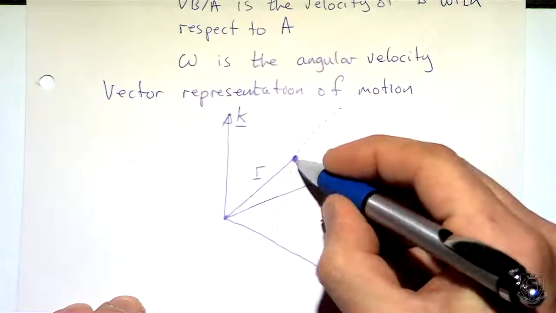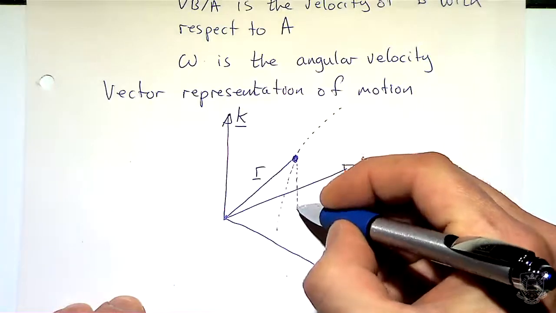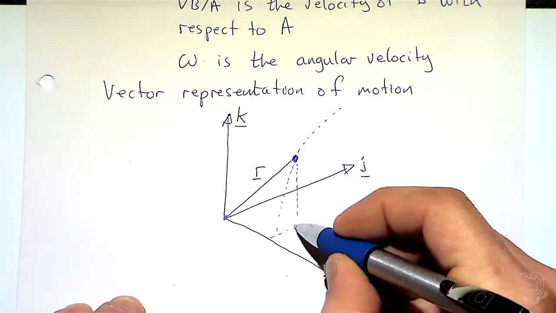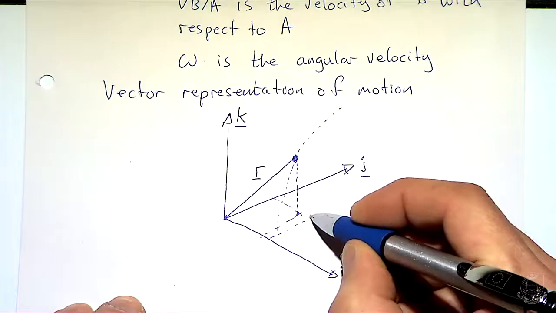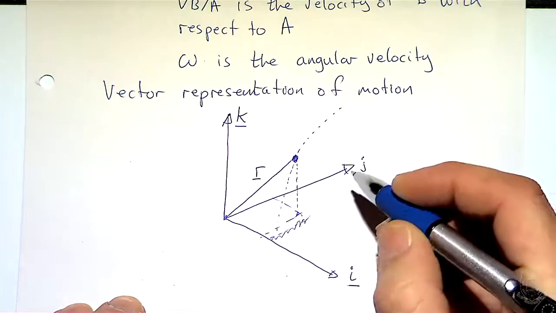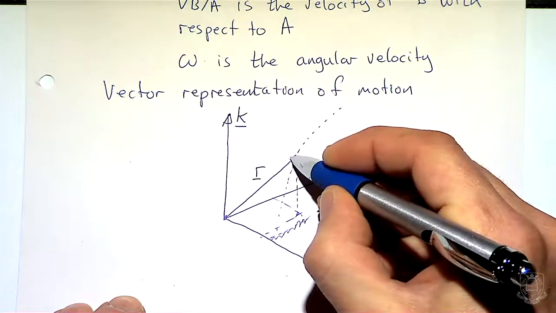If we break this down, we project down from here onto that plane, and then project that onto this axis here.